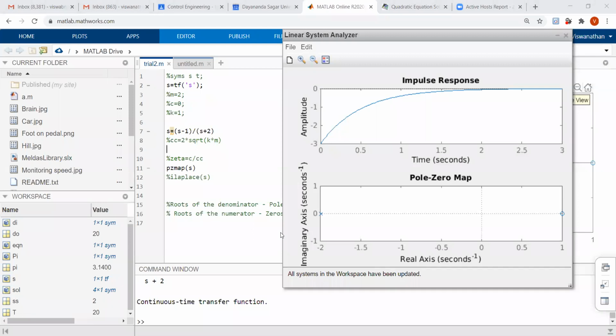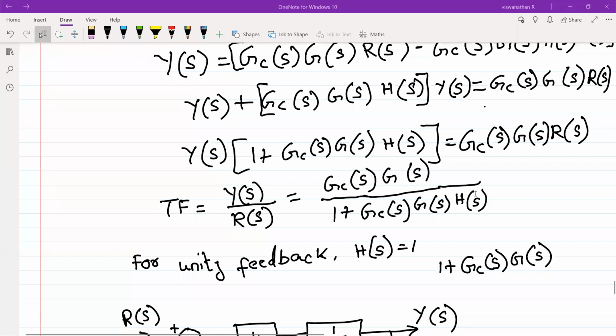So you have understood these transfer functions, the closed loop transfer function. This derivation which I did for the closed loop transfer function is very important.